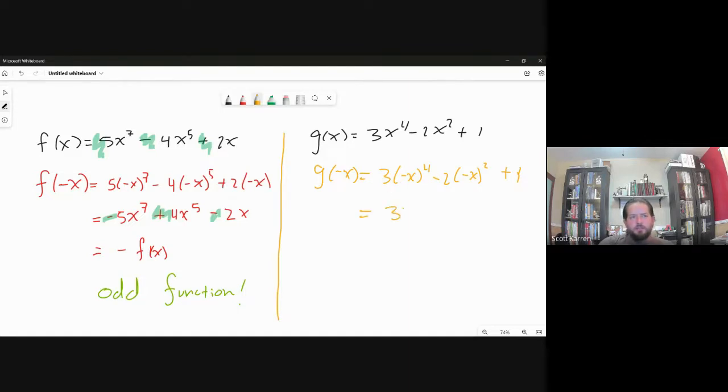So this is 3x to the 4th. Again, the negative x squared, the square kills the negative, so that's still just negative 2x squared plus 1. But this is g of x. It's the same function that we started with, right? It's this whole thing. And because g of negative x is equal to g of x, this thing is indeed even.